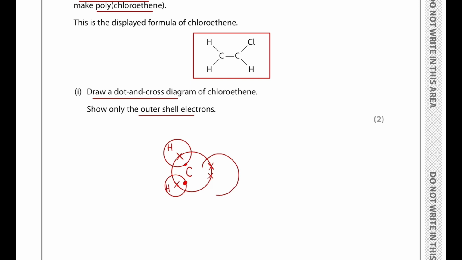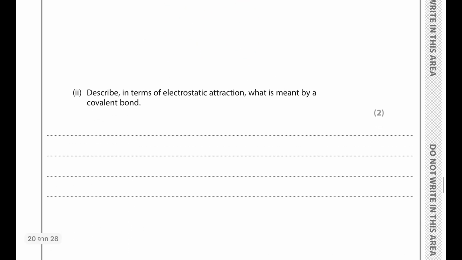We have another carbon here, we have 1 chlorine with 7 outer shell electrons. 1, 2, 3, 4, 5, 6, 7, and we have another hydrogen here with 1 outer shell electron.